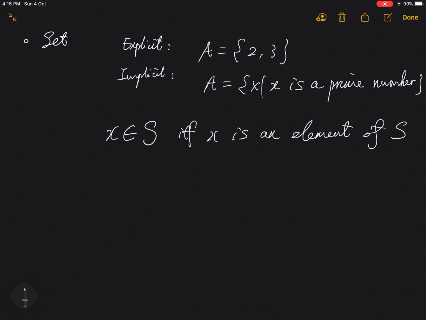For example, 2 is a member of A, so we say 2 belongs to A. And also 3 belongs to A, but 1 or 4 does not belong to A.